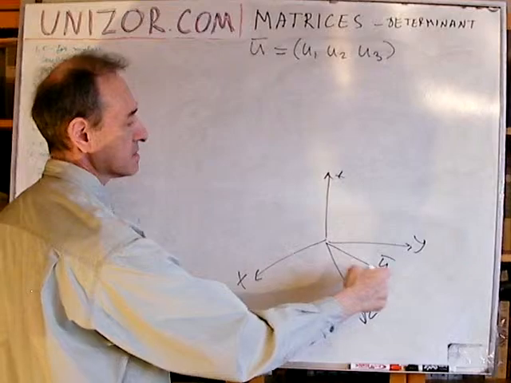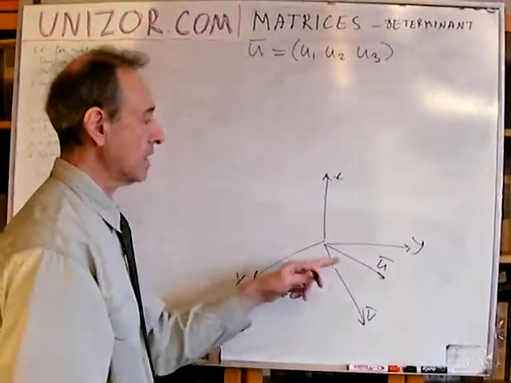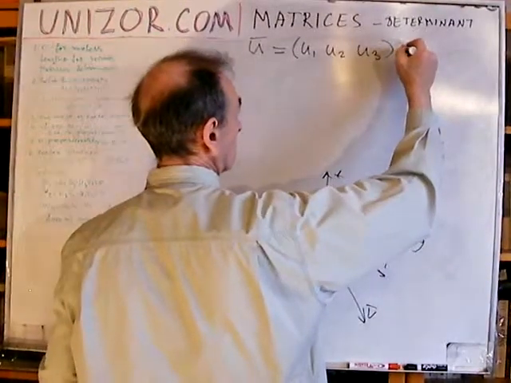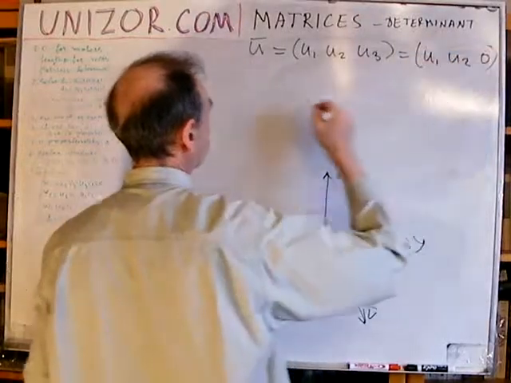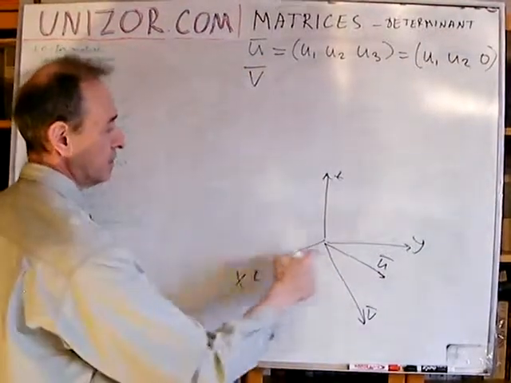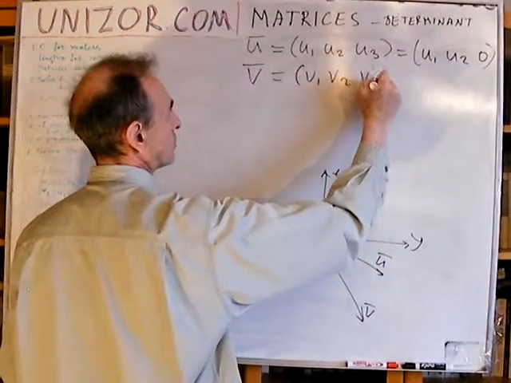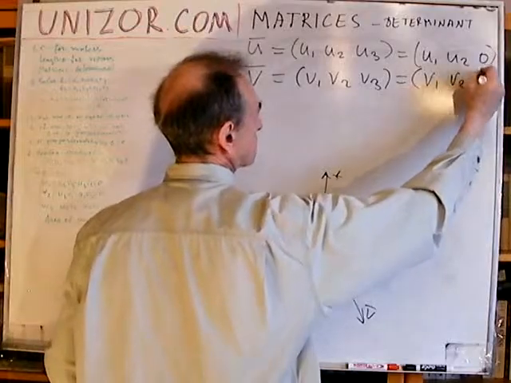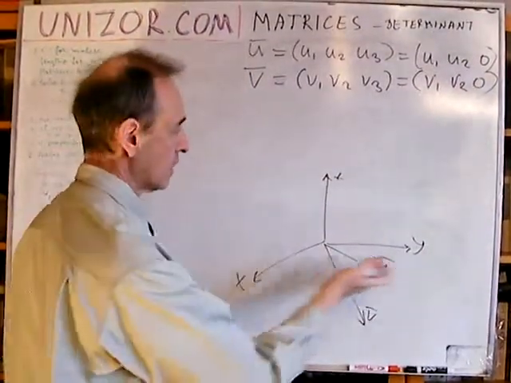And by the way, since vector u is completely within the xy plane, the z coordinate, u3, is actually 0. So it's actually u1, u2, 0. Now, vector v, which has coordinates v1, v2, v3, also has v3 equal to 0, right? Because both vectors are within the xy plane.